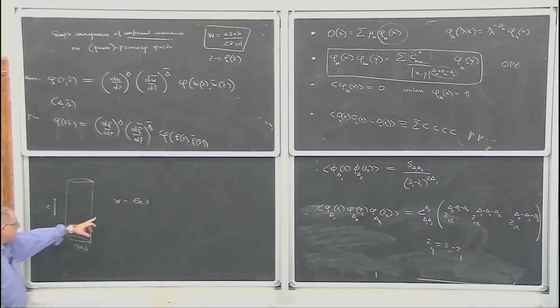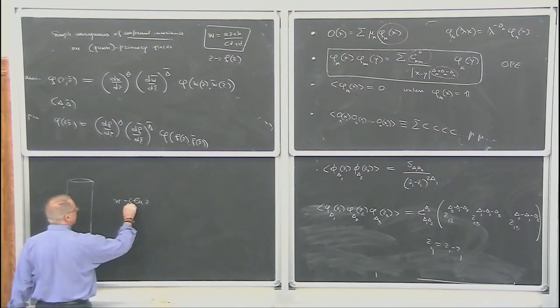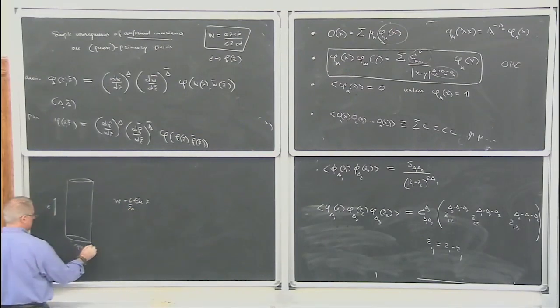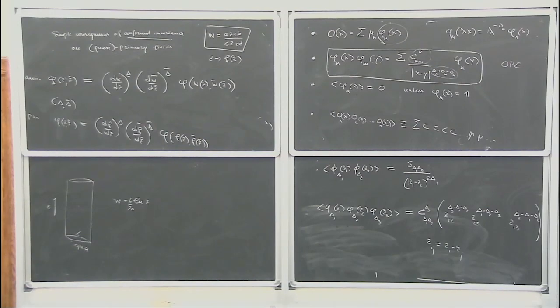I'm taking out some L, something probably I have to do L over 2 pi. This is L. So the cylinder has a natural geometrical interpretation of this direction to be time. And people in statistical physics use the cylinder to make the transfer matrix. Okay?